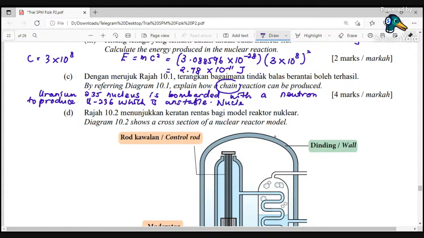Nuclear fission occurs. Uranium-236 splits to krypton and barium, and also 3 neutrons.